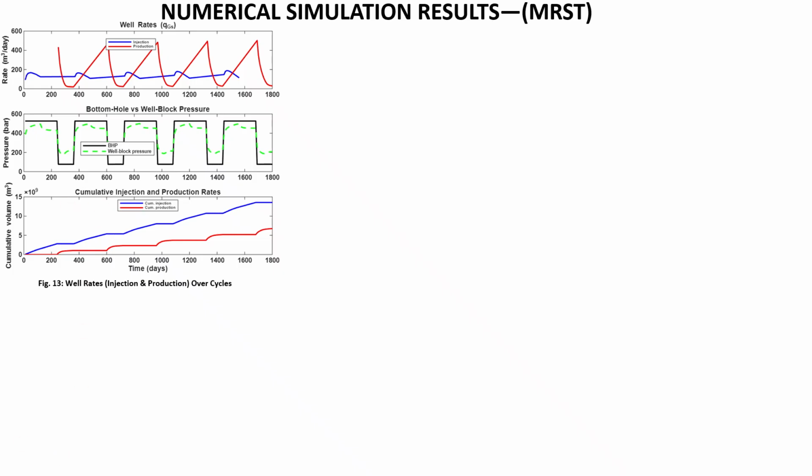And on the last plot in that column, we have cumulative injection and production. Again, the y-axis shows the cumulative volume in cubic meters. Over time, we see the cumulative injection is consistently higher than the cumulative production, which is something we expect in a gas storage system where permeability and porosity have a part to play.